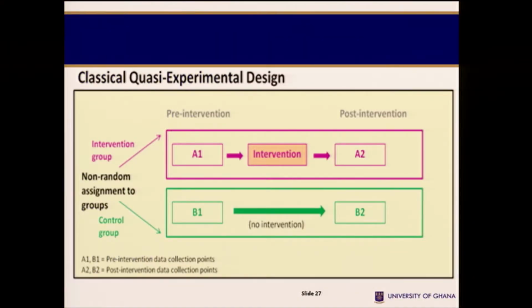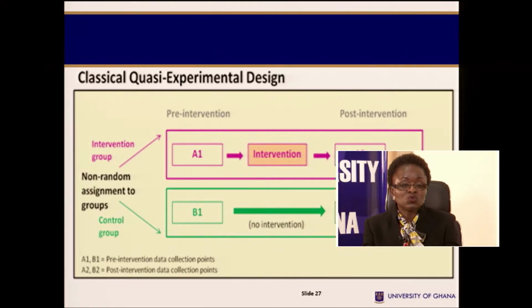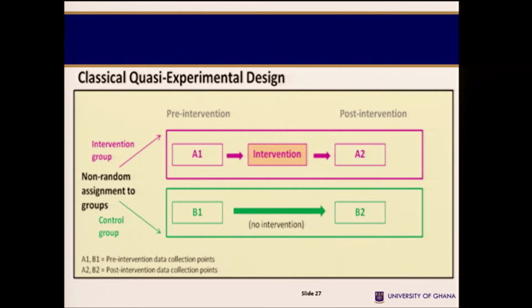And that thing that is manipulated is called the intervention. So, you are given a pre-intervention. Pre-intervention here means that they are filling out a questionnaire like we saw in the other examples. It's like a pre-test. Then you will give them the treatment, which is called the intervention, and then there will be a post-intervention.